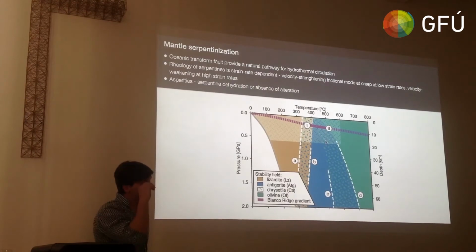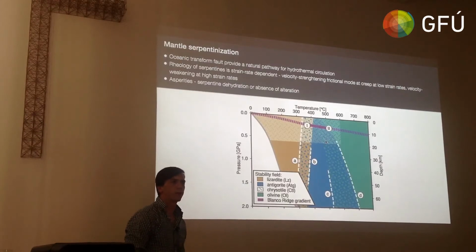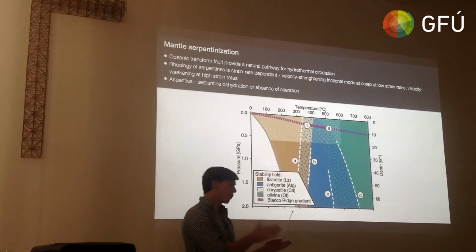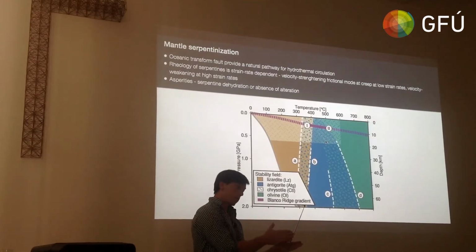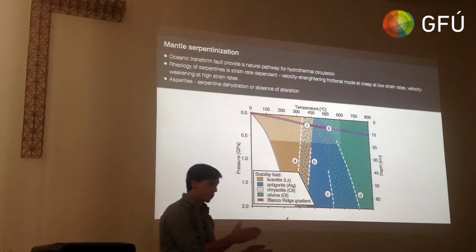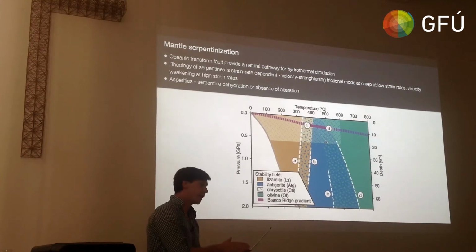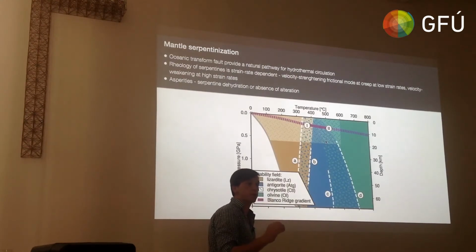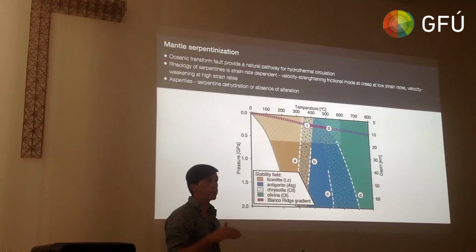And serpentinites are quite strange materials seismically, because based on the slip rate, based on how fast we move them, they can behave both in a seismic manner and in an aseismic manner. So when we have a fault that is created with some component of serpentinites in there, when we move it really fast, the frictional force is going to drop, and it will allow an earthquake, a fast slip, to occur.